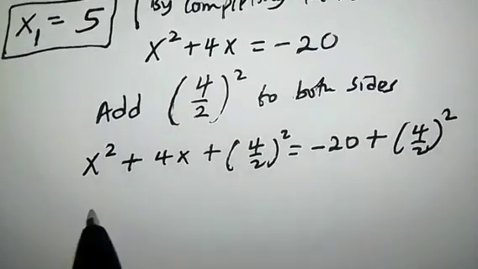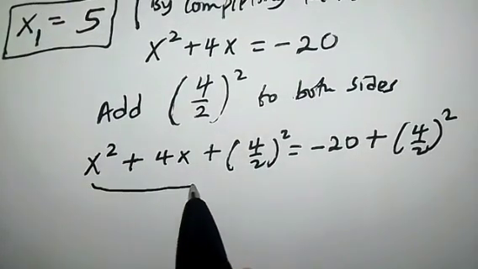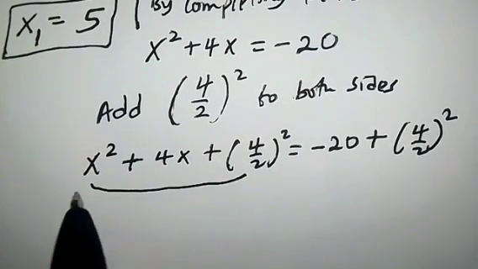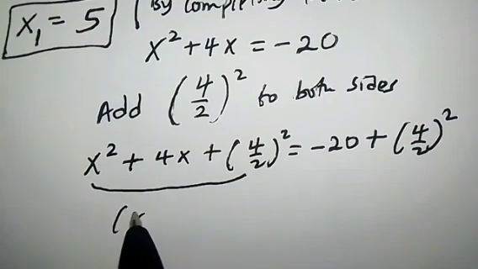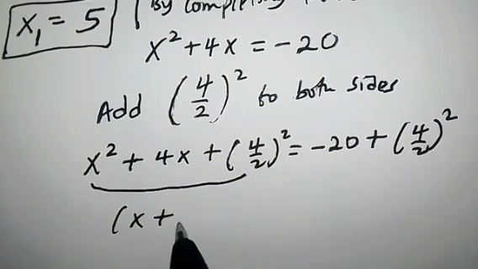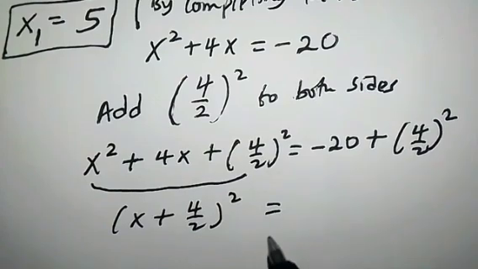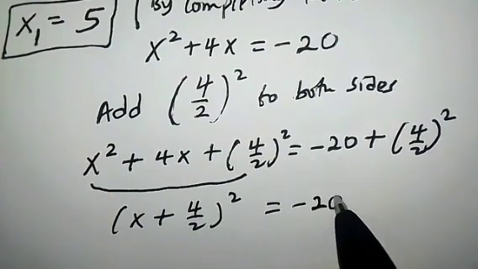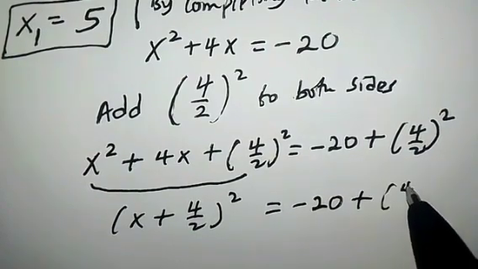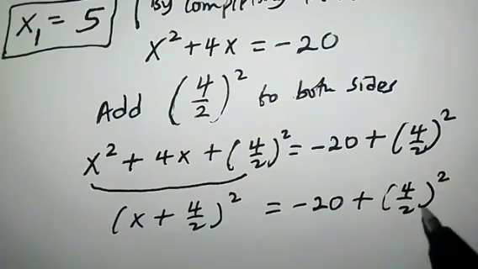Let's continue. It is possible we can combine this left hand side. So that will be x plus 4 over 2 all squared equal to minus 20 plus 4 over 2 all squared.